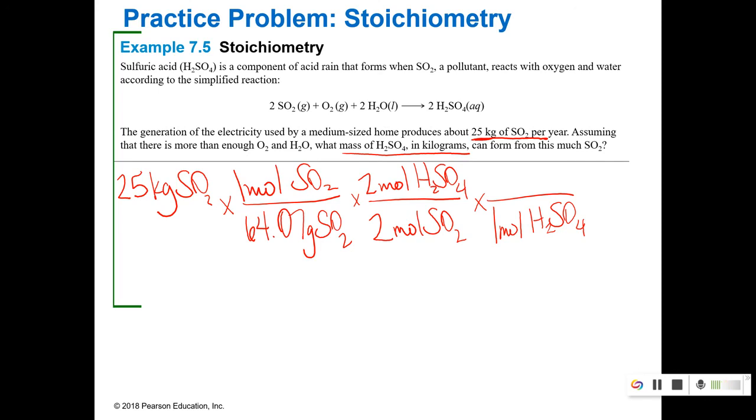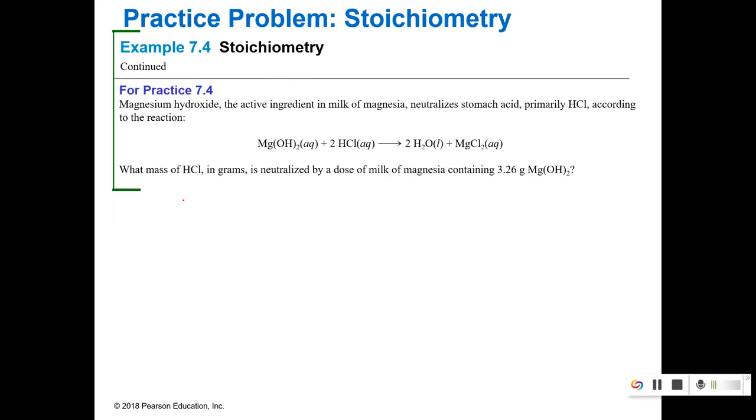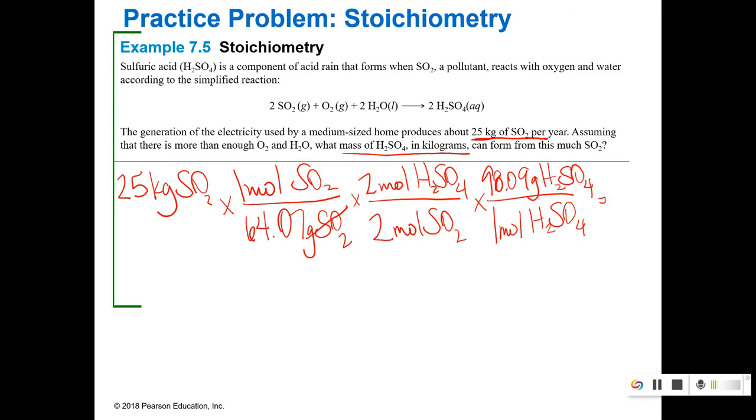I'm going to show y'all how this works. .09. Okay, so when we're crossing things out, grams of SO2 will cancel with grams, sorry, that's not what I wanted.